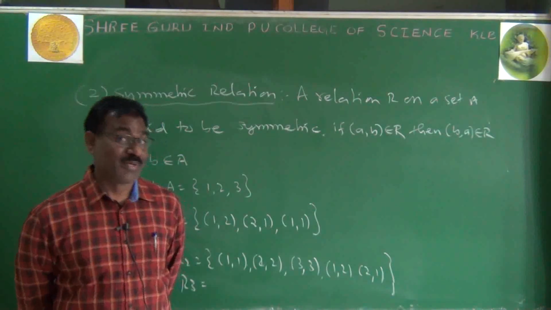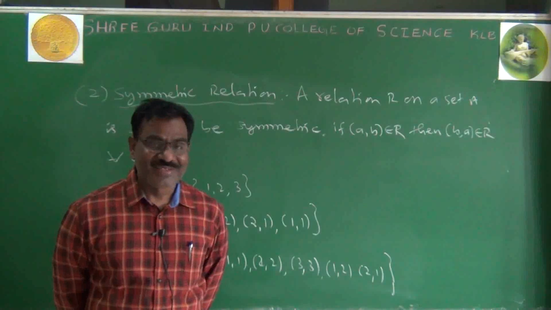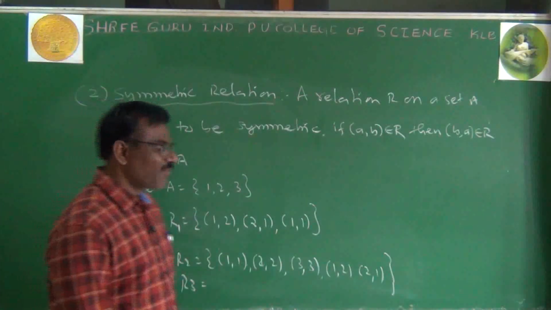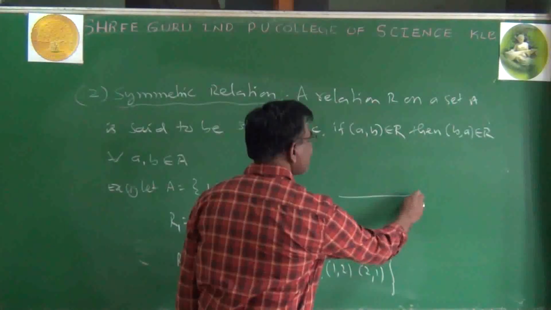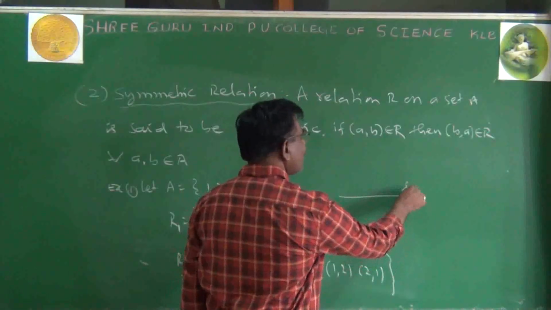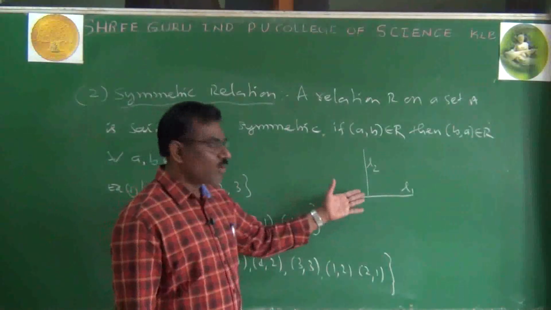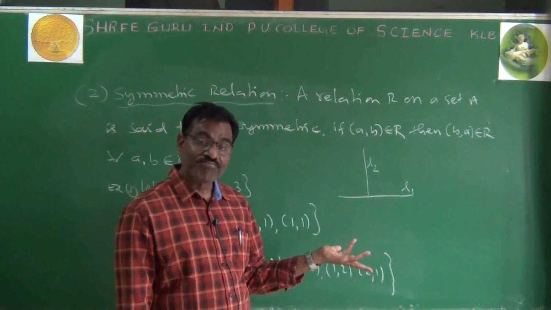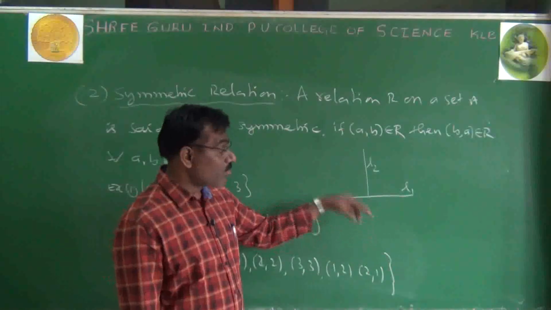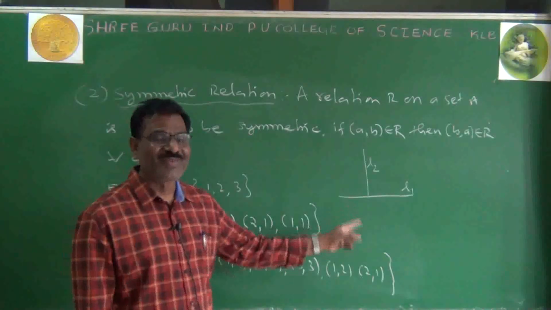The relation "is perpendicular to" in the set of straight lines in a plane is symmetric. Why? For example, this is L1 and this is L2. L1 is perpendicular to L2, and L2 is perpendicular to L1. Both are possible, so it is called symmetric.